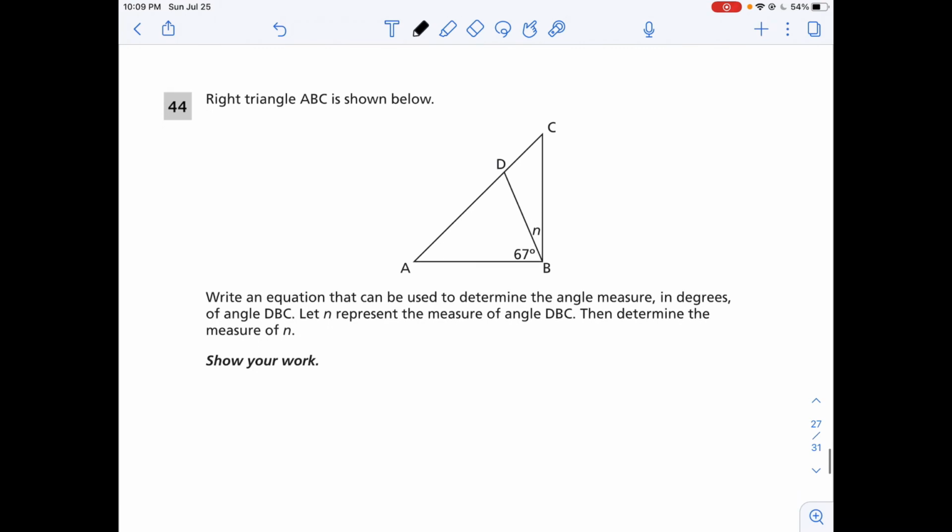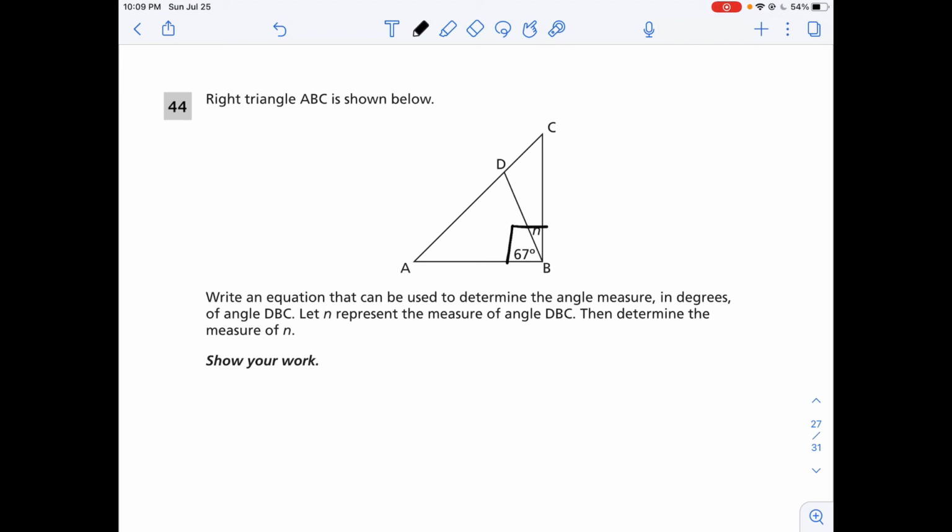Question 44. Right triangle ABC is shown below. Okay, we have the triangle A, B, C, and they say it's a right triangle. That means it has a right angle. The right angle is going to be right over here.